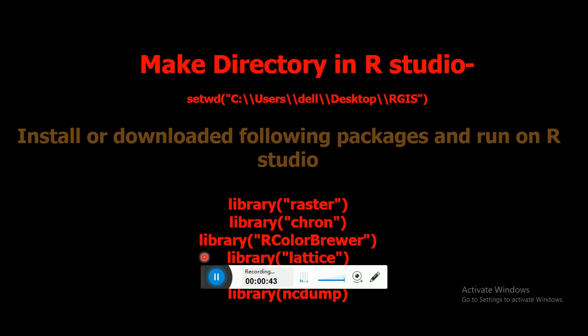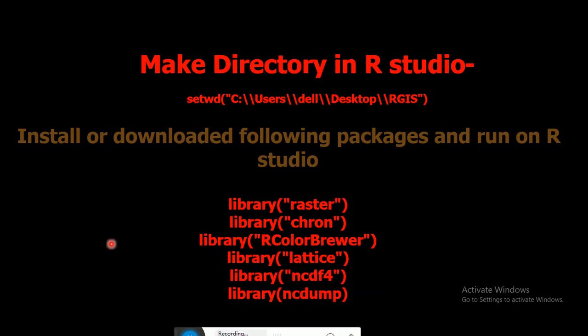After this, install or download the following packages and run them on RStudio: raster, chron package, RColorBrewer package, lattice package, ncdf4 package, ncdump. The ncdump and ncdf4 packages are for reading the .nc file.